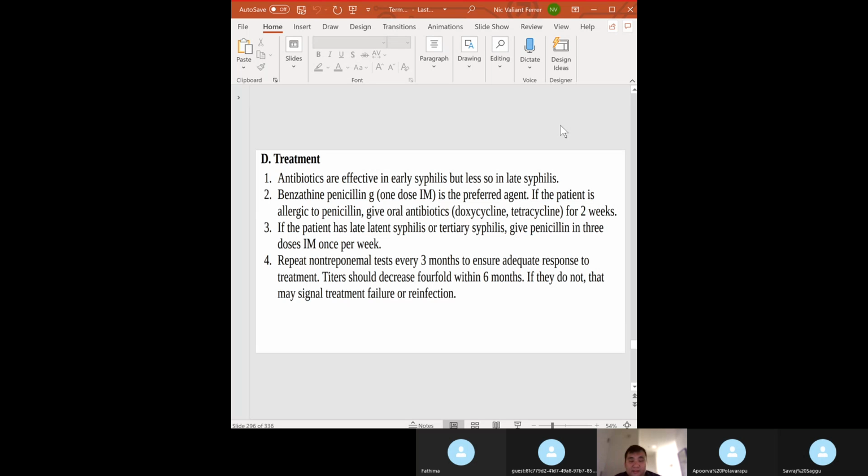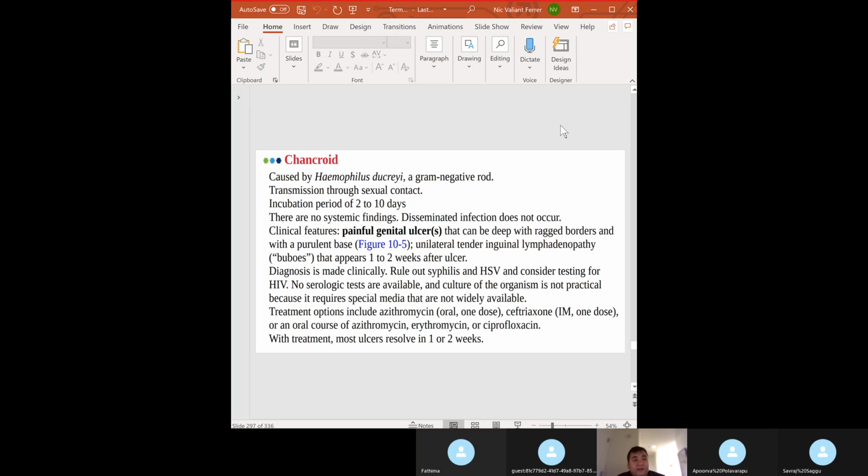You repeat the test every 3 months to ensure adequate response to treatment. So syphilis, think benzathine penicillin G IM, 1 dose. That's the preferred agent. If allergic to penicillin, give tetracyclines, doxycycline.